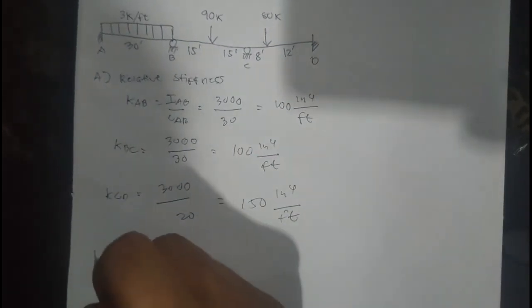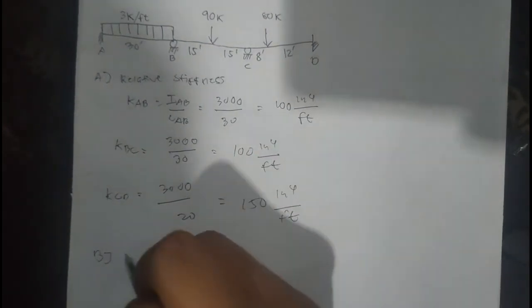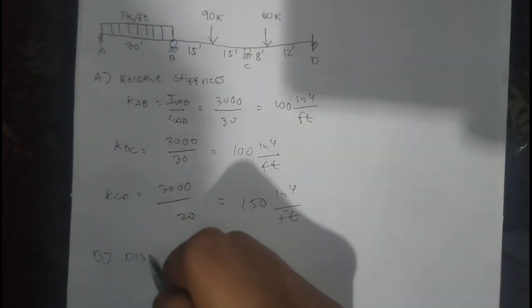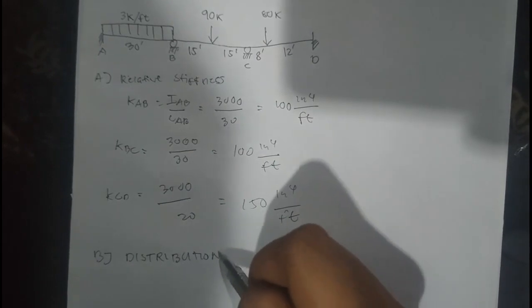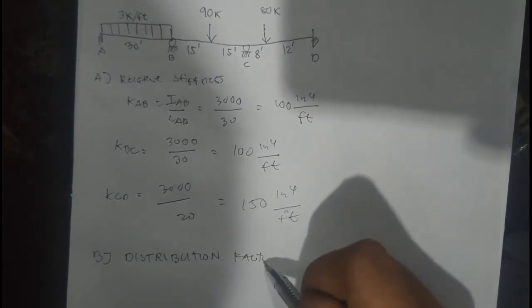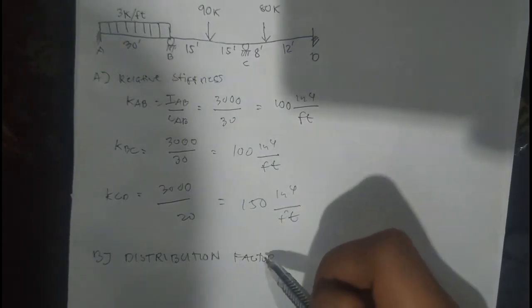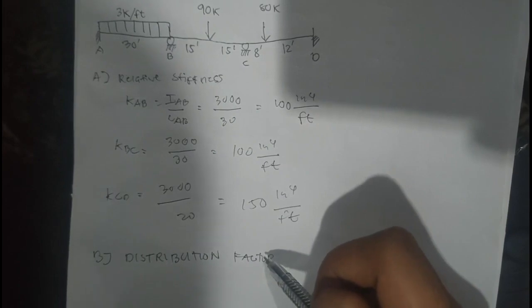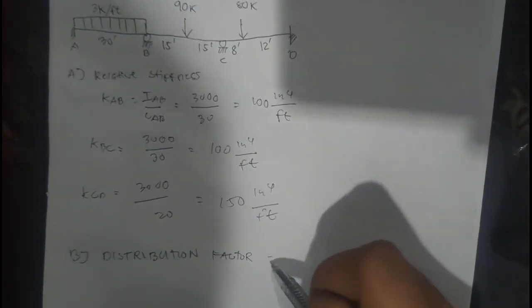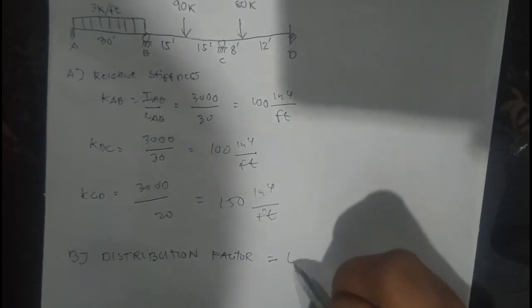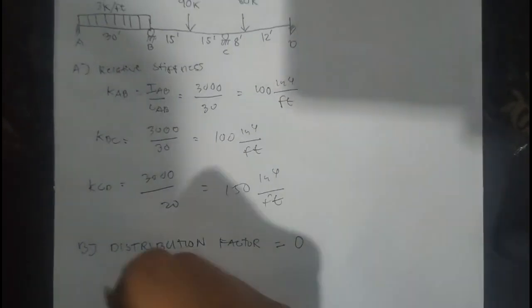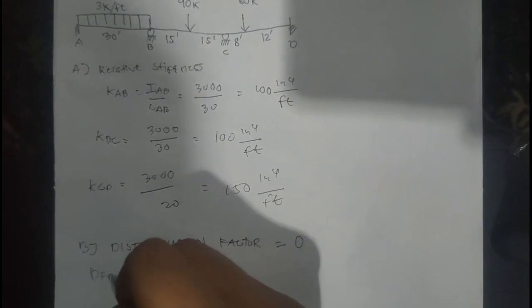And next is to get the distribution factor. Since A is fixed, the distribution factor there is 0. So first is the joint BA.